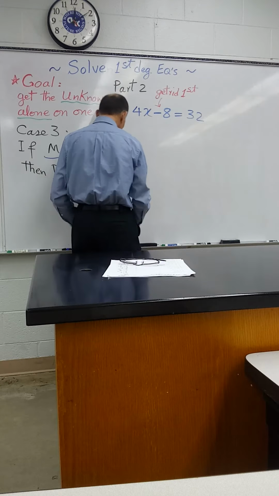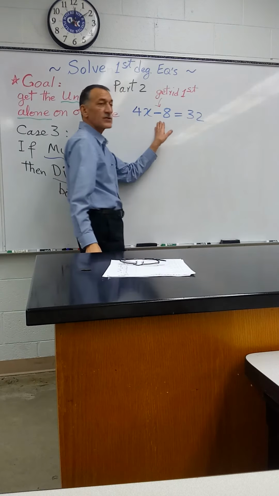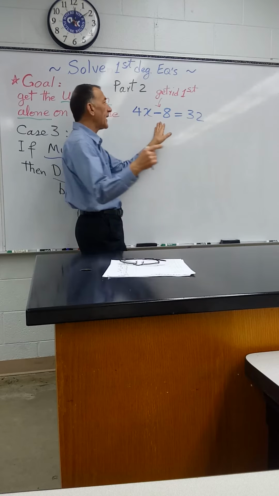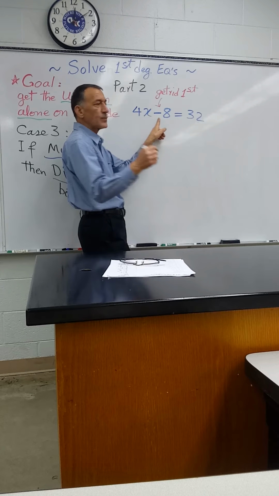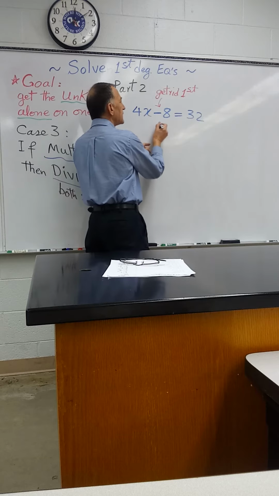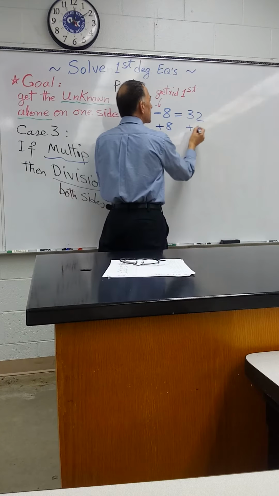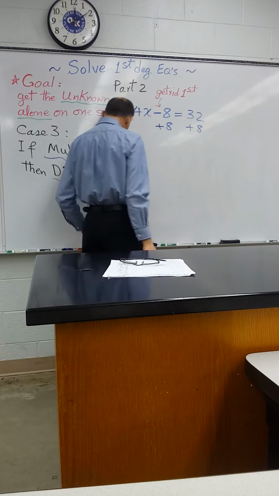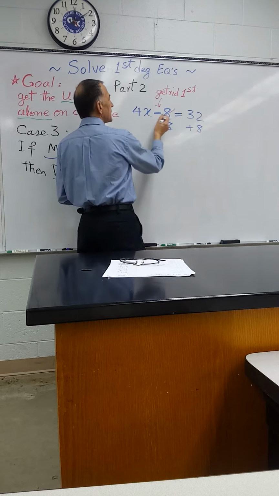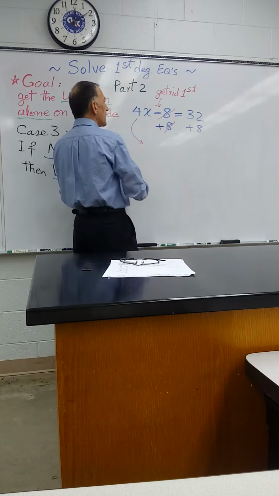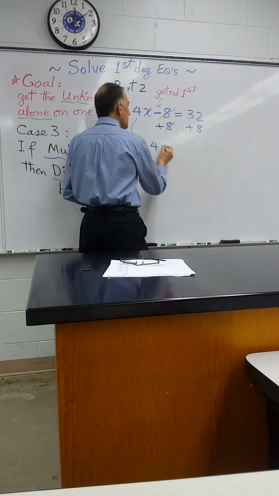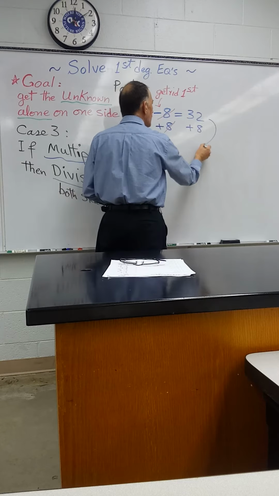All right, so let's get rid of the extra term, and what do we do when you have a subtraction? You learned that before, we add, because it's negative, you put positive, same number. So we add 8 to both sides. Now the negative 8 and plus 8 give you 0, 4x comes out alone, 4x equal to the other side gives you 40.